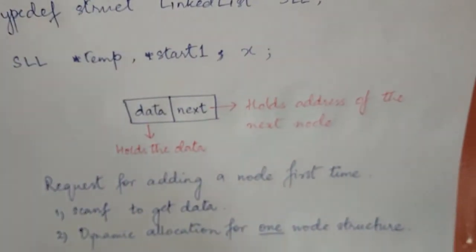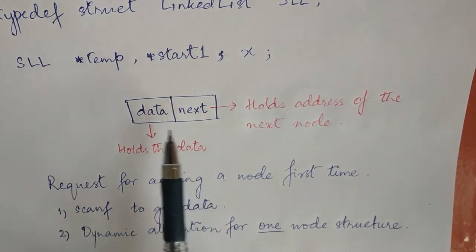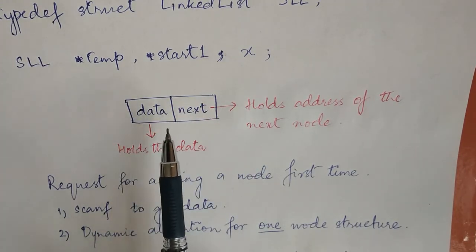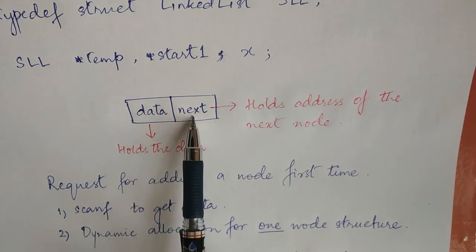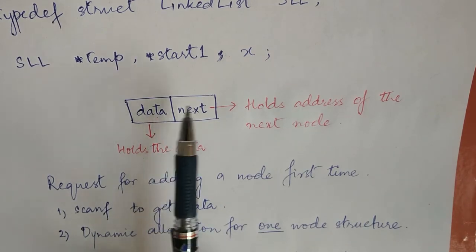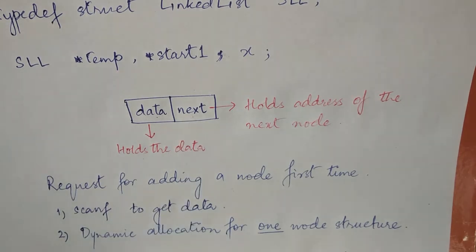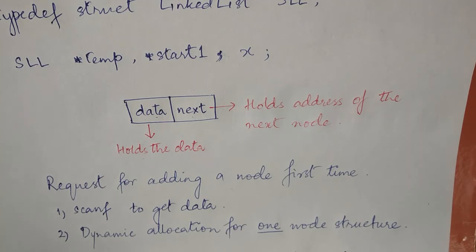So when I define a structure X, in the memory, something like this will be reserved for me: data and next. Data can hold an integer according to our definition, and next holds the address of the next node. Now, let's start creating the linked list.